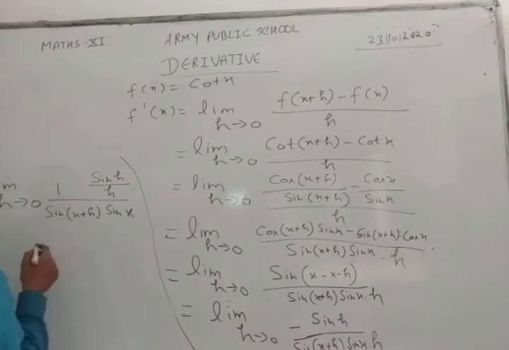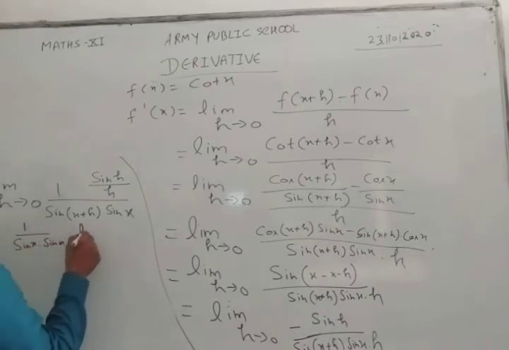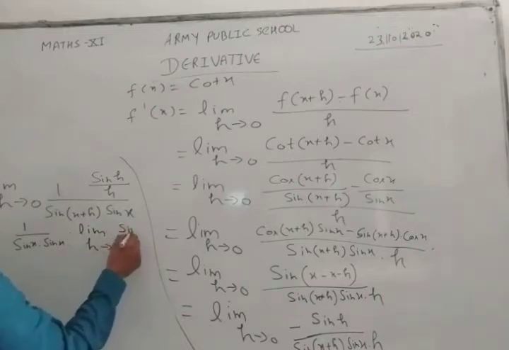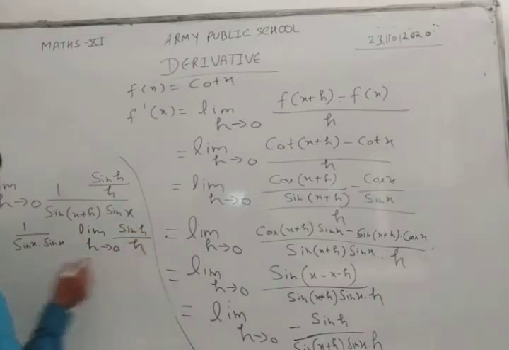Put the limit 0. We write 1 by sin x into sin x into limit h tends to 0 sin h by h.